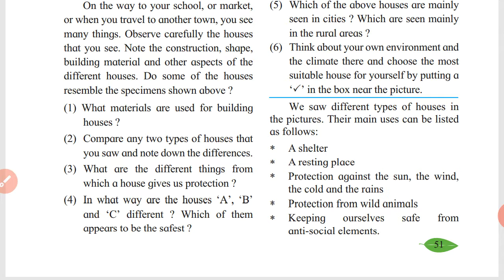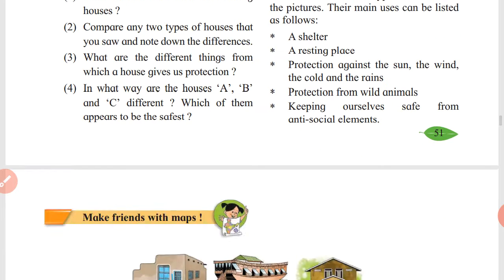As you all know, when we are in the house we feel very safe, right? So we get protection against the sun, the wind, the cold and the rain, and also from wild animals. When you see any rats going around near your houses, you keep yourself safe in your houses. Okay, understood? Now next page.